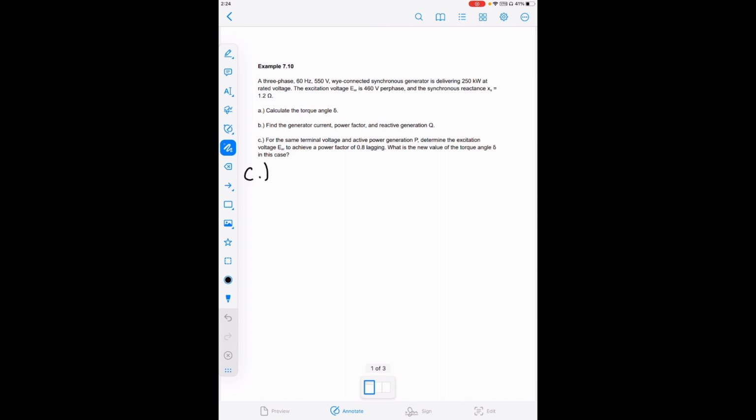So part C asks us to find the excitation voltage and the torque angle in a case where the active power generation and terminal voltage is the same as in parts A and B, but we have a power factor of 0.8 lagging. So to do this, we can use the same equation from part B, except just work with the magnitudes first, where the magnitude of S is going to be equal to 3 times the magnitude of the per phase voltage times the magnitude of the per phase current.